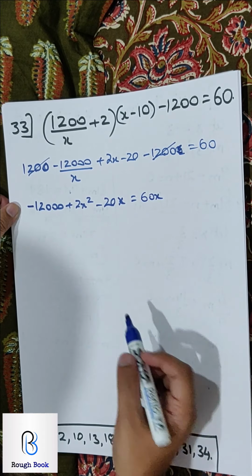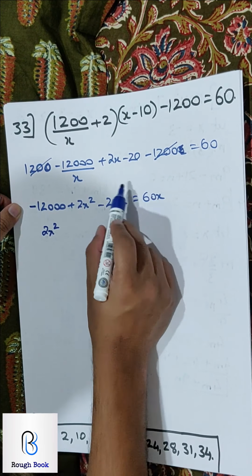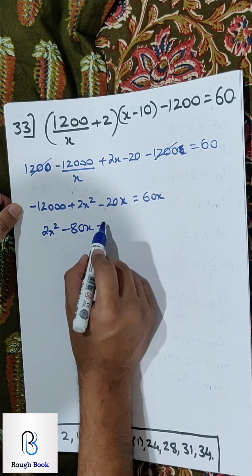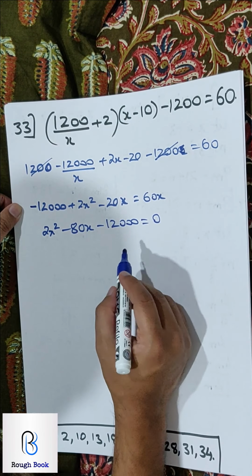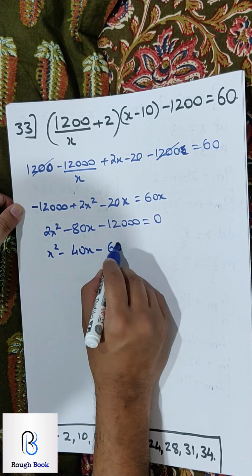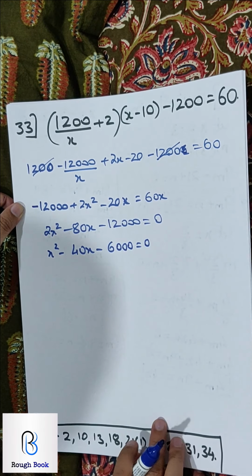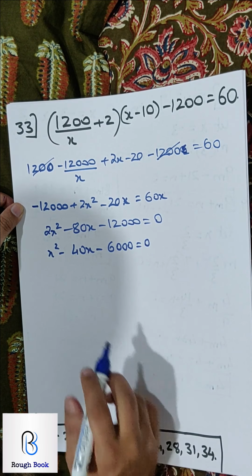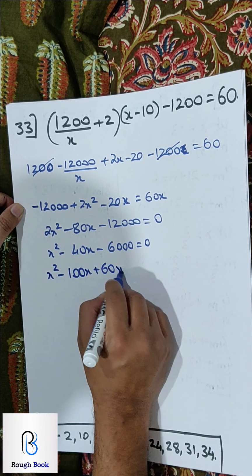Are you with me till here? I multiplied x to everything. So now I got 2x square. This comes here, so minus 80x minus 12,000 equals to 0. Dividing by 2, so x square minus 40x minus 6,000 equals to 0. So 6,000, for 40: 100 and 60.